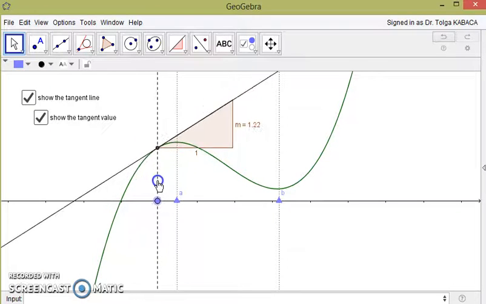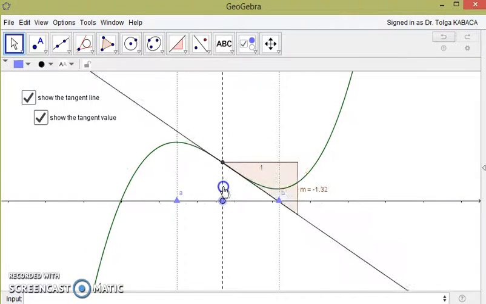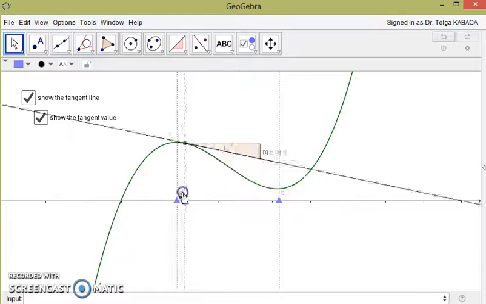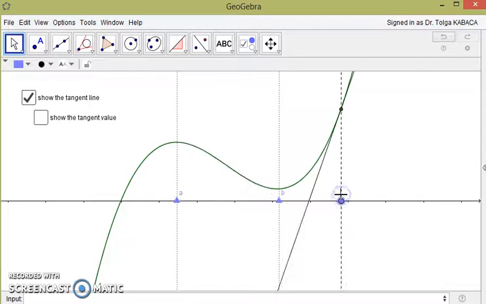The second derivative is related to the concavity of the curve. What does it mean? The concavity is not the same for every interval.